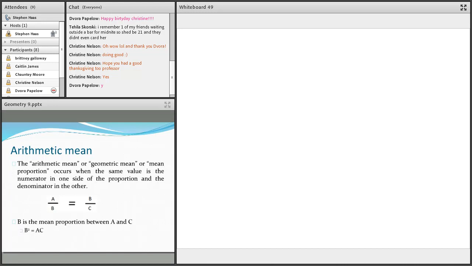The example on the slide: A is to B as B is to C. That means A over B equals B over C. When you cross multiply, you have B times B, which is B squared, equals A times C. You just figure this out based on whatever numbers you have.